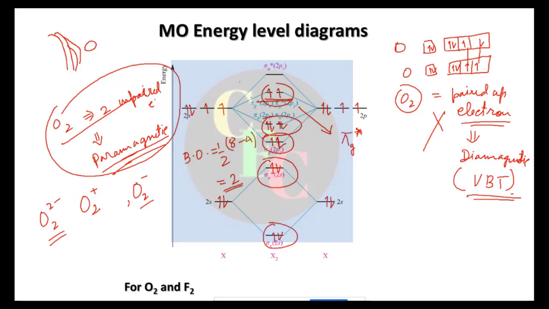You can easily find these electrons. O2 minus means there is one electron more, and where will the electron go? This electron will go to the anti-bonding orbital. Now if electrons go to anti-bonding orbitals, then in peroxide it will be 6, and the bond order will become 1.